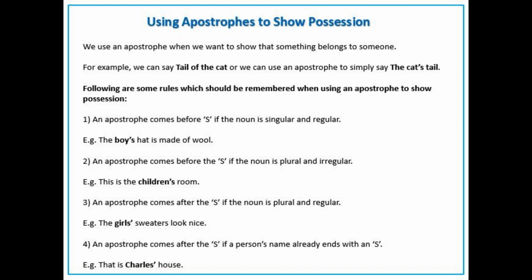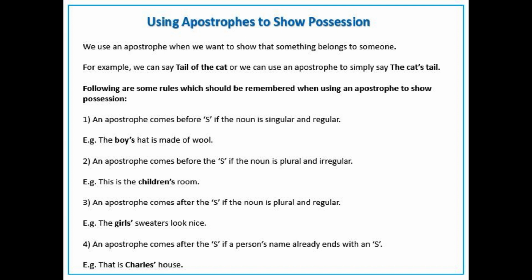Rule number one, an apostrophe comes before S if the noun is singular and regular. Remember, an irregular noun is the one which, when it is changed into plural, does not end with an S. For example, woman will become women and man will become men. So we are talking about singular and regular nouns here in rule number one.